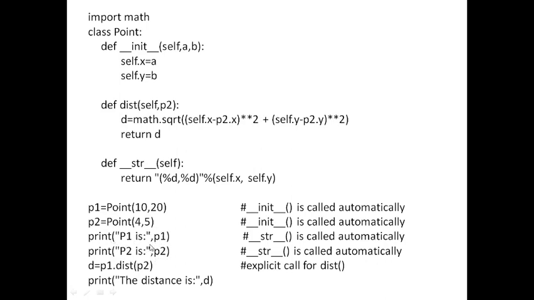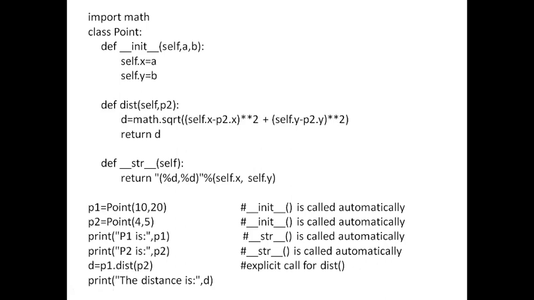This is what I was telling about: when we take print p1, p1 is not printed as it is, but it calls this str function automatically. Similarly here, when we use p1 equal to Point object, this calls the init function. 10, 20 are the values passed to a and b, and they will be assigned to x and y.